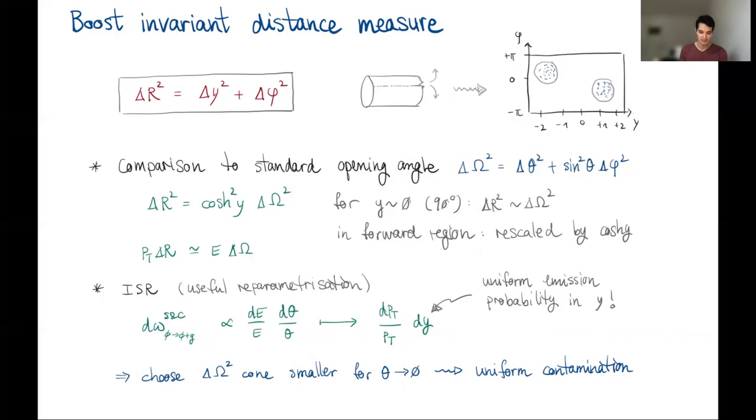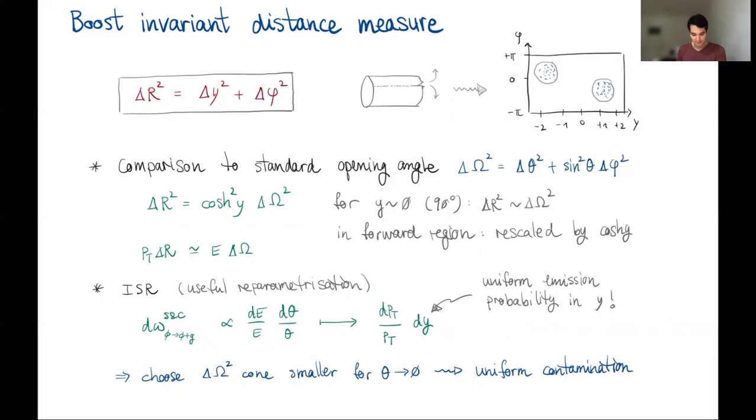So if I look at initial state radiation, I've given you without derivation this kind of radiation pattern. We have dE over E, d theta over theta. I can convert this to the hadron collider parameters, and you can do this as an exercise and show that this is just dpT over pT times d rapidity. So this means in this rapidity variable, these kinds of emissions are actually completely uniform.